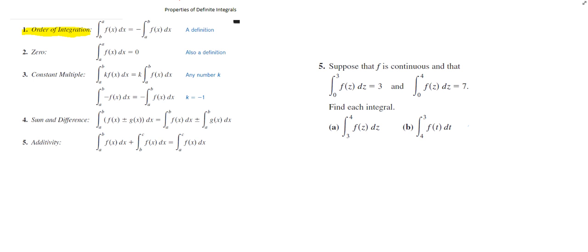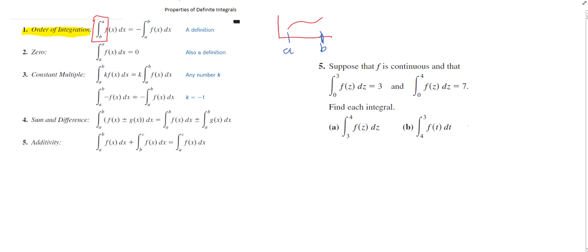But it basically says that if you have the integral and you're going from b to a, where b is the lower limit and a is the upper limit. So remember graphically what that looks like. If you have some integral maybe that looks like this, and here is a, the lower limit, and b is the upper limit.